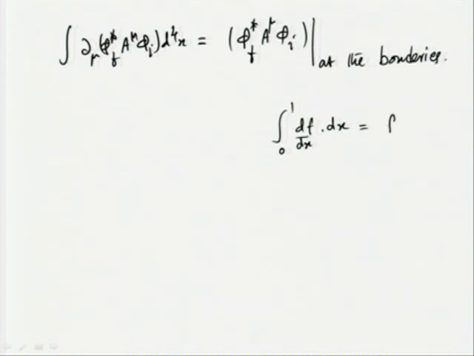This is equal to the value of f at the boundaries, 0 and 1, which is f(x=1) minus f(x=0). So, this is a one dimensional case and the boundaries are 2 points, the ends of the line segment over which you are integrating, and that will give you the value of the function at the two boundaries, or the difference.